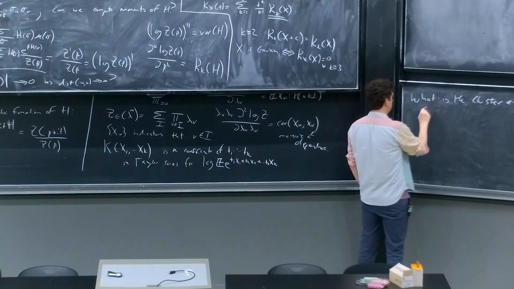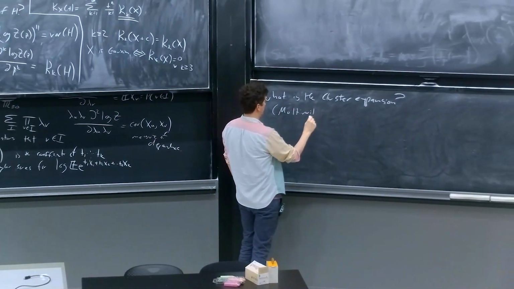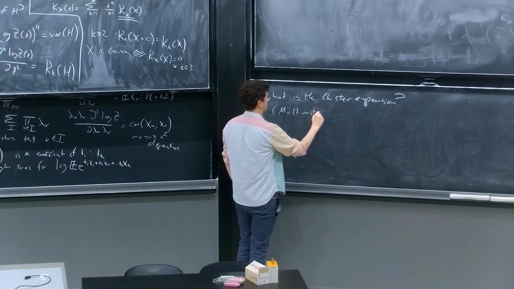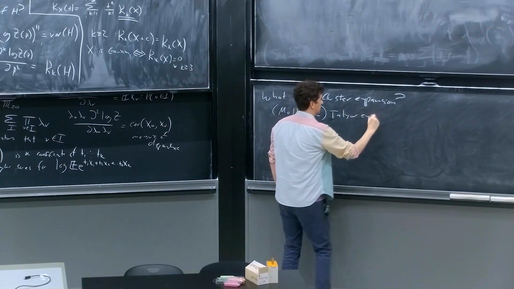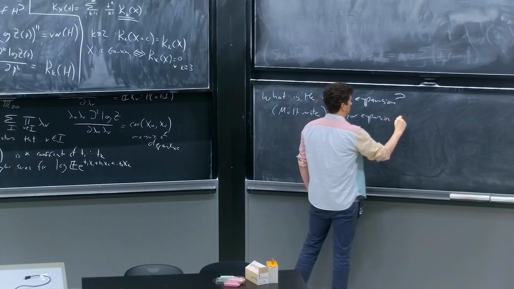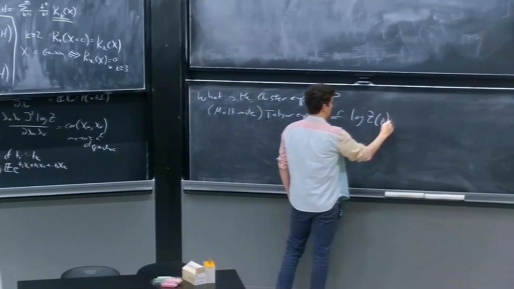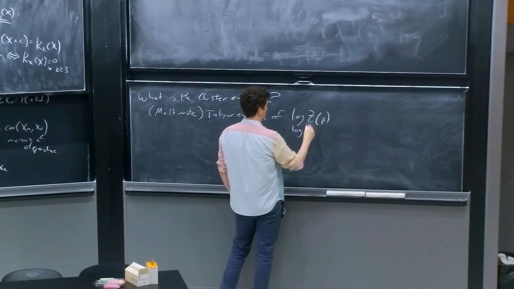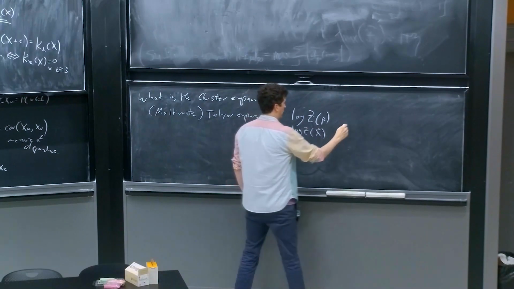It is the, let's say, multivariate or univariate Taylor expansion of log Z of beta, log Z of lambda, around 0.